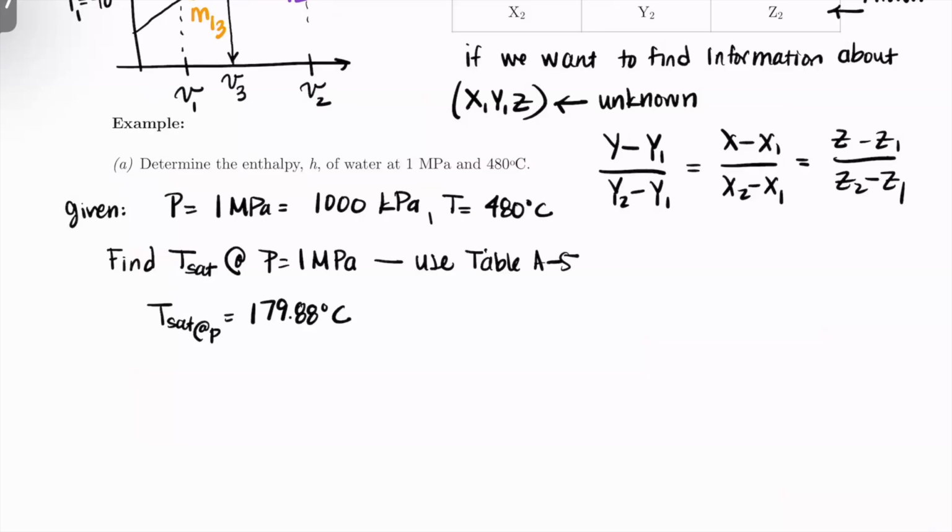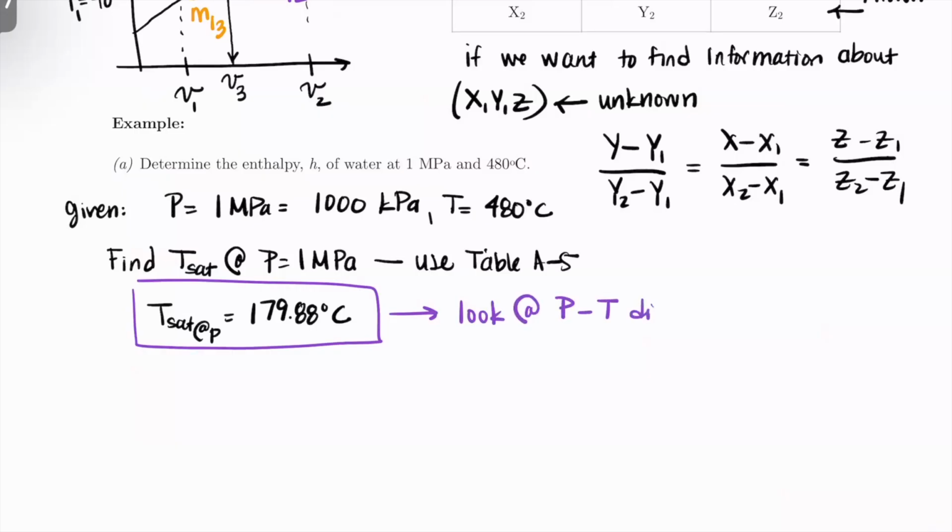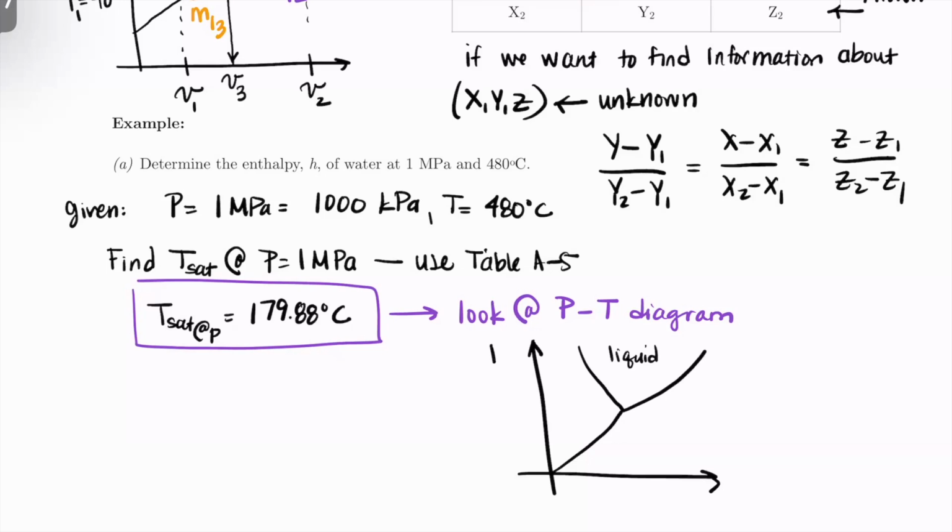To figure out what state we're in using that, we will look at our PT diagram, which I'm just going to give you a cartoon sketch of. For water, it's going to look something like this. We've got liquid, this is P and T, this is vapor, and then this is solid.